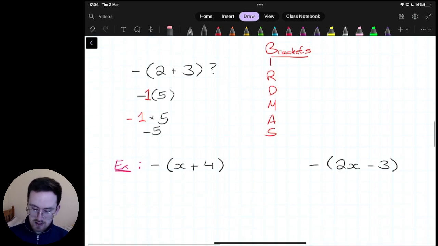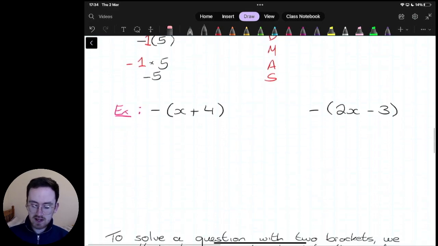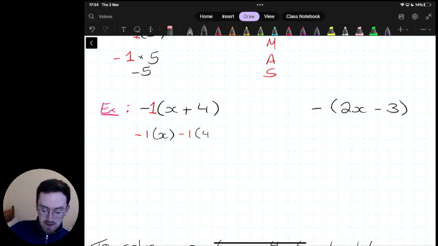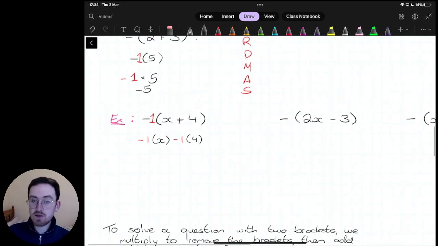So let's look at the next one, minus and then bracket x plus 4. Let's apply the same idea. If we have a minus in front of it, that's like a minus 1. So what I get is minus 1 multiplied by x, minus 1 multiplied by 4. That's the same as the last example, but instead of the minus 2, it's just a minus 1.